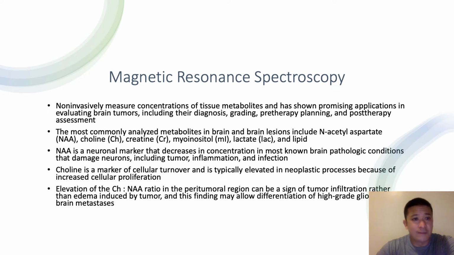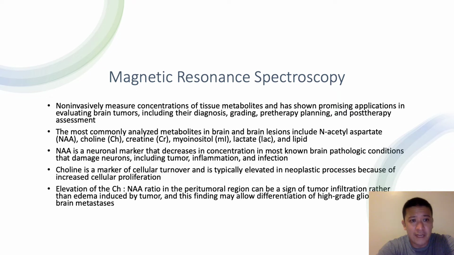Another type of MRI that helps us differentiate between high-grade tumors, low-grade tumors, or infectious entities is magnetic resonance spectroscopy. It non-invasively measures concentrations of tissue metabolites and has shown promising application in the evaluation of brain tumors, including their diagnosis, grading, pre-therapy planning, and post-therapy assessment.